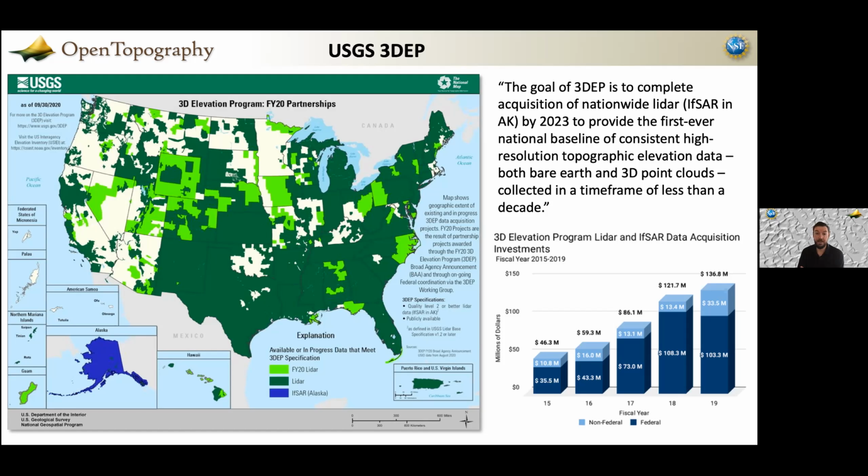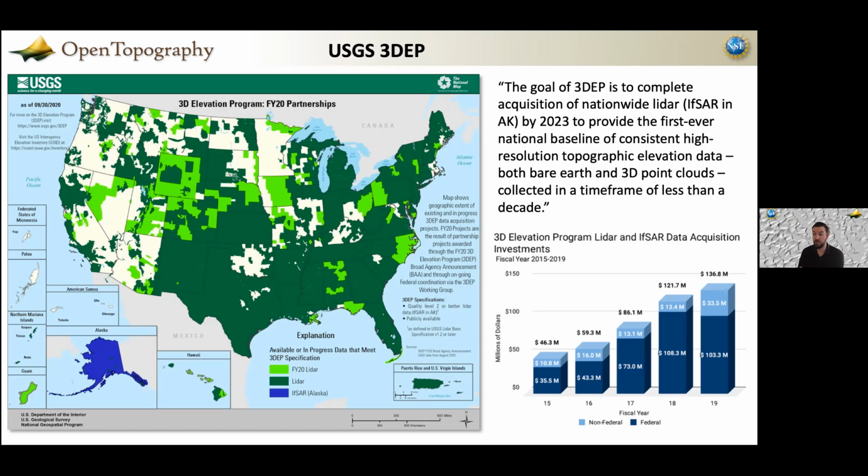This represents a massive investment of spending. Tens to over $100 million per year has been invested in the collection of these data sets. It's a cost share model. The federal government, USGS, contributes a significant chunk, but then state and local partners bring additional money to the table to collect these data. What's shown here, the dark green are data sets that have been collected.